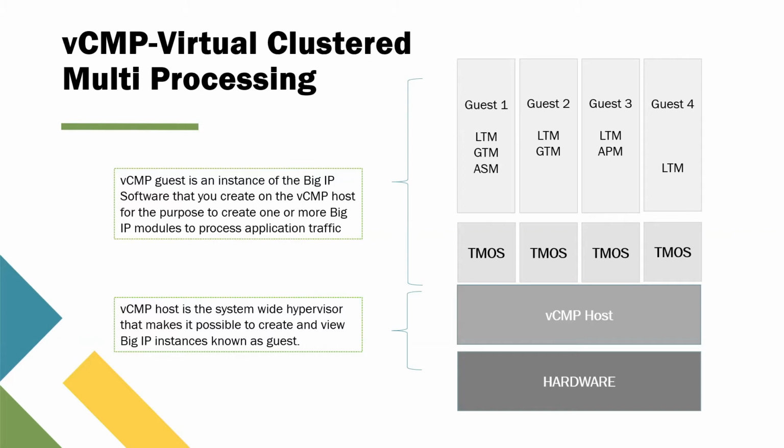This is what I was mentioning in the last slide, that these are the VIPRION chassis, which is good in scalability. If you are running an environment where you are offering services to multiple clients, and you want to create a separate instance for client number one and another separate instance for client number two, you can run a single hardware box and create it as a VCMP host.